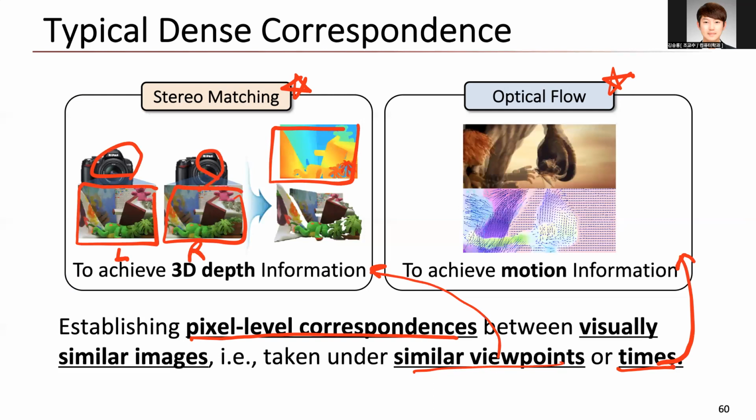And to find this kind of 3D depth map, we necessarily have to solve the stereo matching problem. Optical flow means the motion information between the current frame and the previous frame. It looks like this. This is the overlaid images, and this is optical flow, or motion estimation. So stereo matching and optical flow are among the most popularly studied areas. This kind of problem can be categorized as dense correspondence.